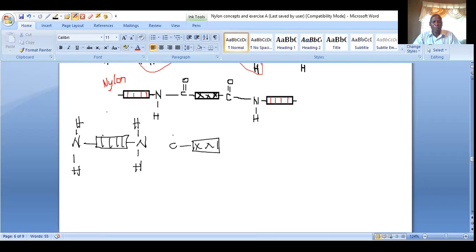It has the carboxylic acid functional group. And on the other side, again, you repeat the diamine linkage. Diamine on either side.